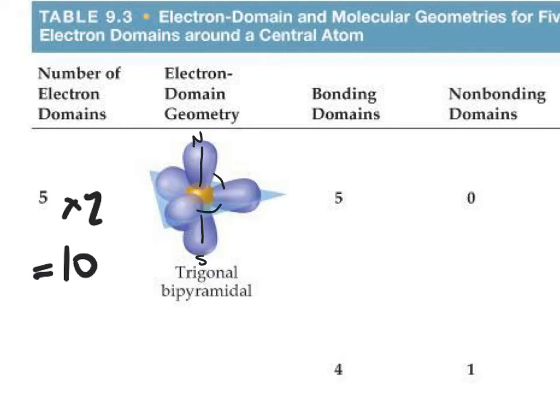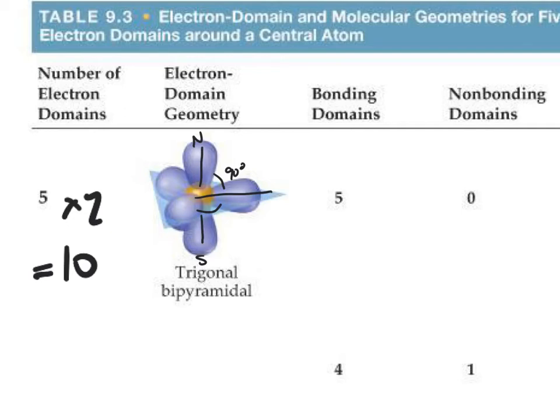The angle between the pole and the equator is 90 degrees, right? The angle that you would expect between something going vertical and something going horizontal would be 90 degrees. And so if you are looking at the bond angle of the polar versus the equatorial domains of this electron domain geometry, it's 90 degrees.